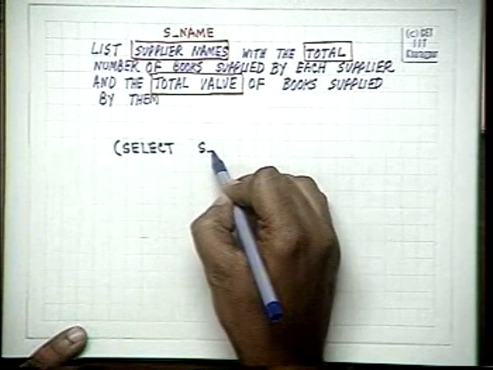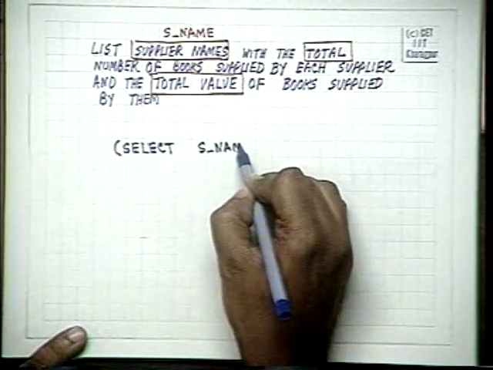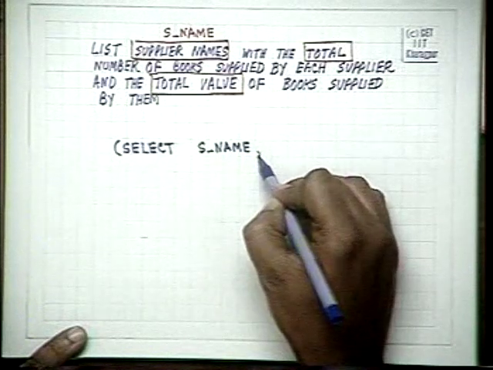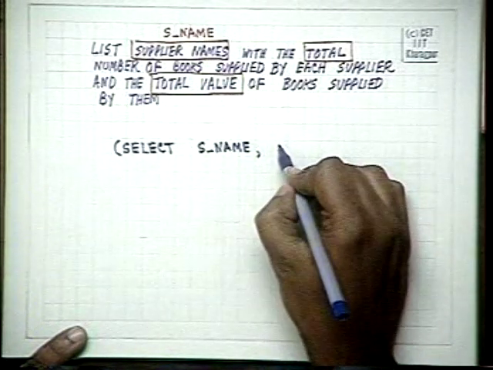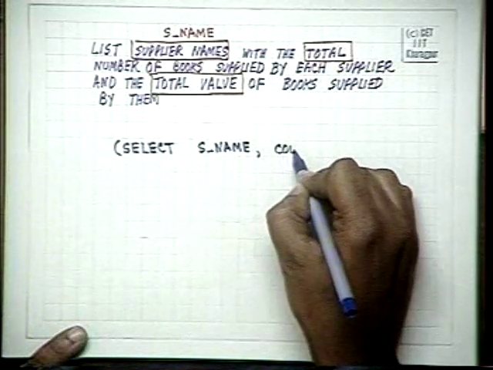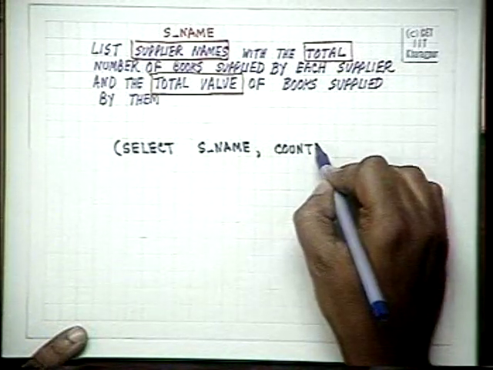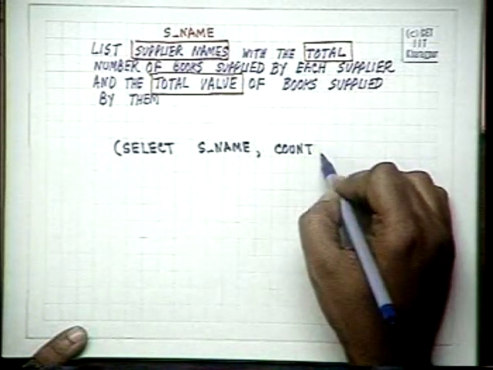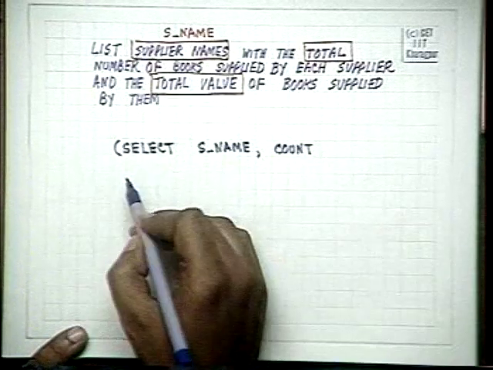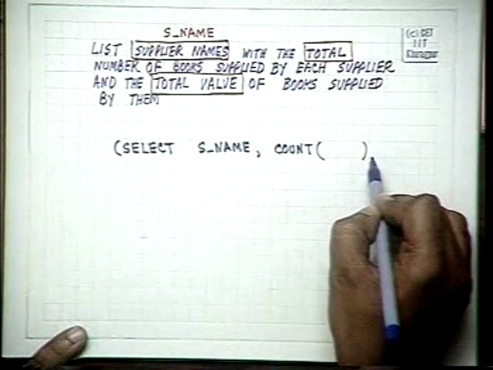Select S name, comma, count. We can put in accession number here because we are going to count the accession number, and we are going to group by supplier name.